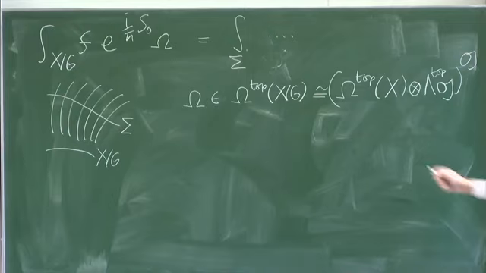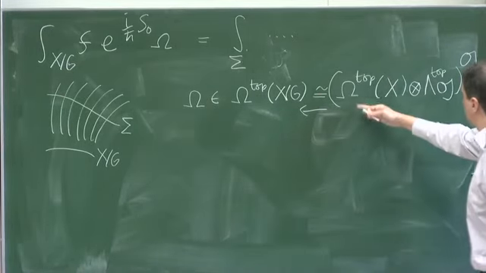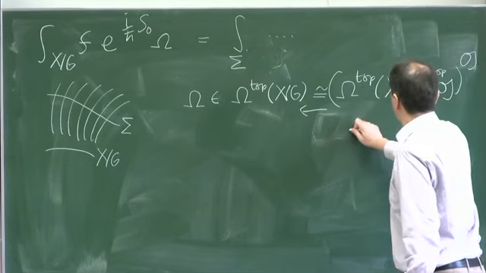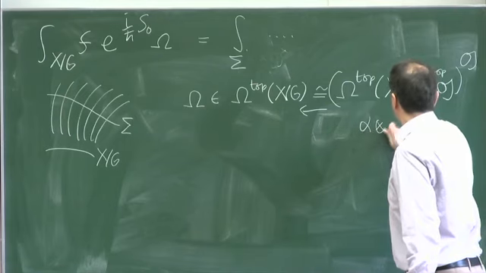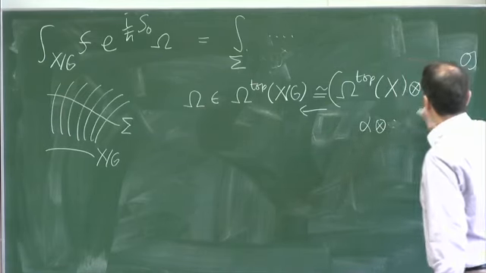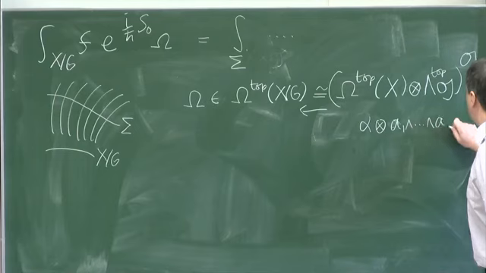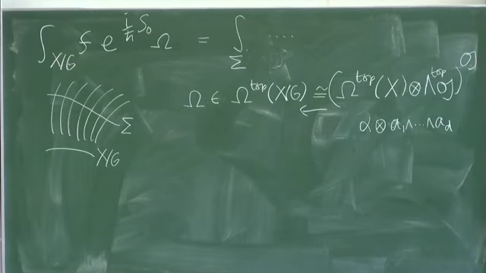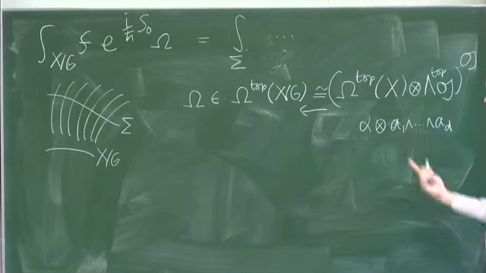So you have a map in this direction, so you have some top form here, which will be given by some omega, alpha wedge, and some top element here will be A1 wedge AD in the Lie algebra. And now to these elements of the Lie algebra, there correspond vector fields on X.